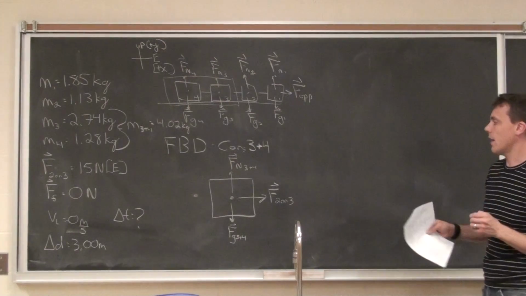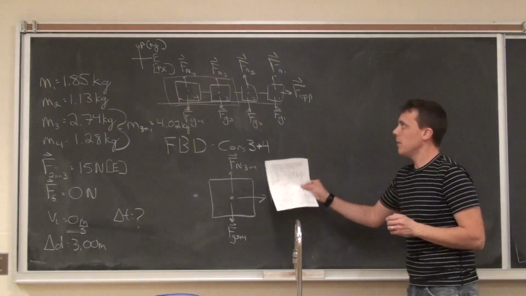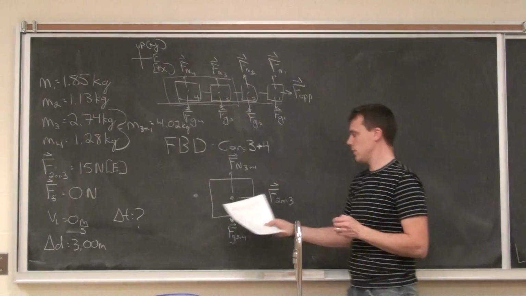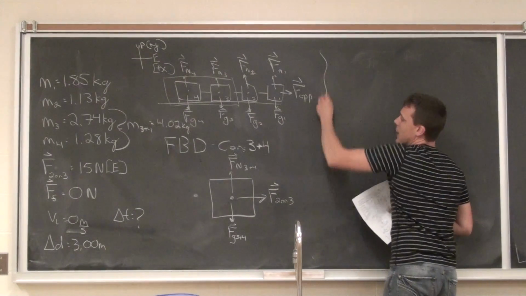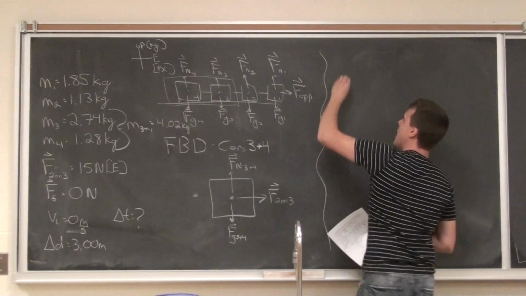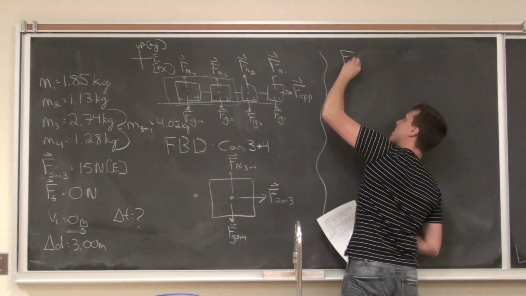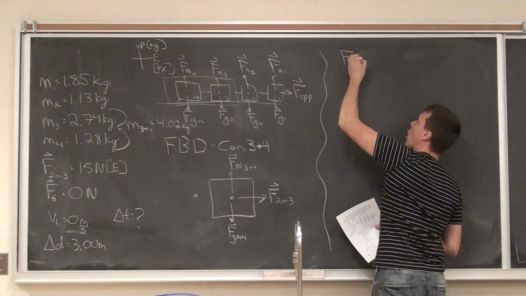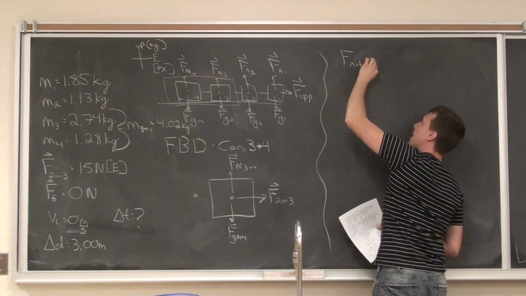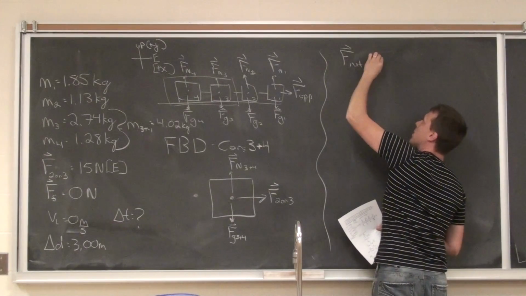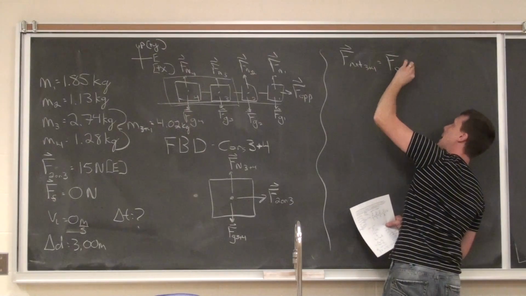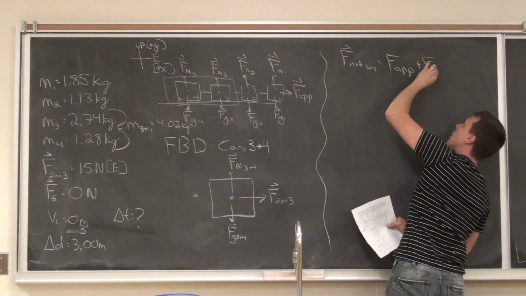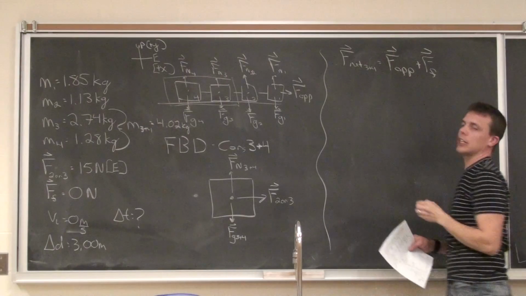Now from this diagram, and remember we are still using the same reference coordinates we started with, I could say the net force. So I'm just going to put a little separation, and I'm going to say the net or total force on car 3 plus 4 will be equal to whatever force is applied to it plus the force of friction.